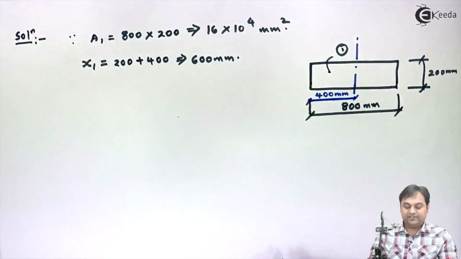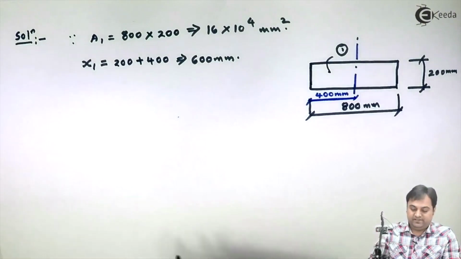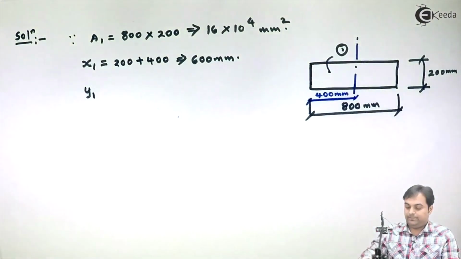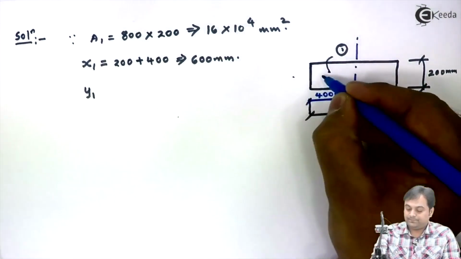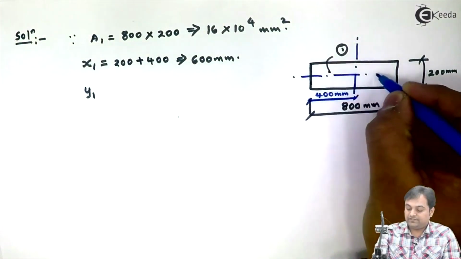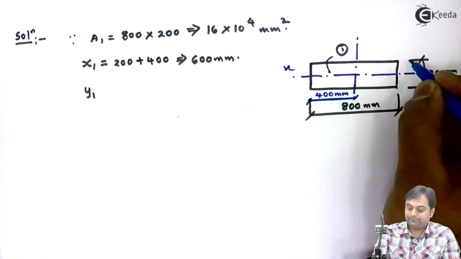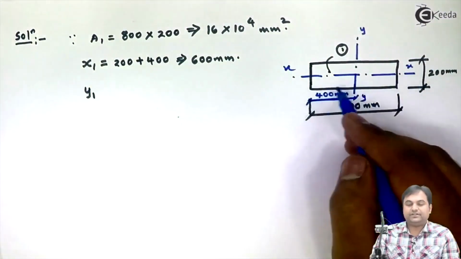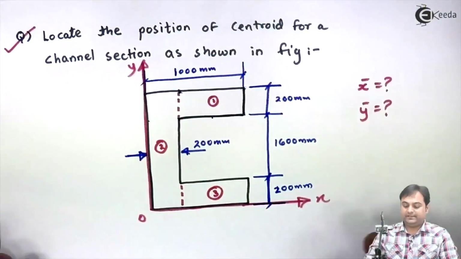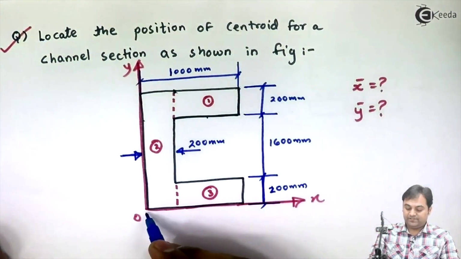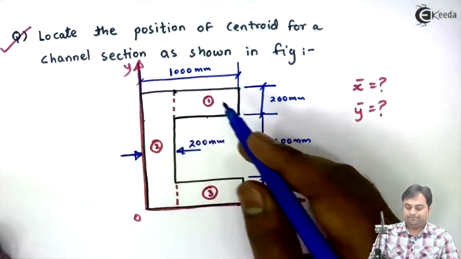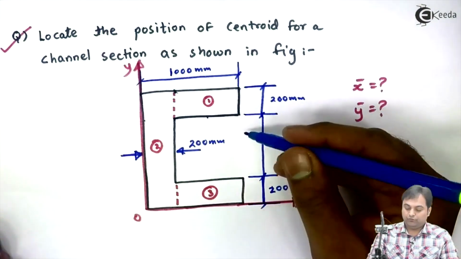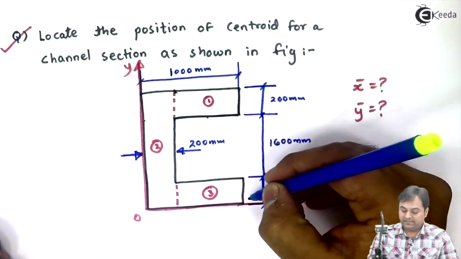Now after getting a1 and x1, I will find y1. y1 is the location of the x-axis for the first rectangle. Since we are measuring the distances from x and y, here my reference would be the x-axis. So from the x-axis, I'll take the distance.